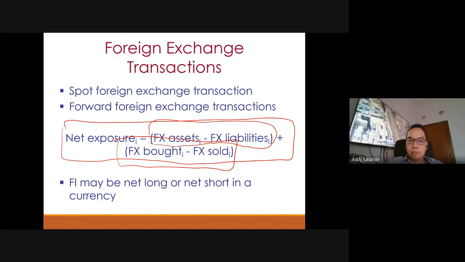Right, so that's why the measurement and also the management of currency risk in this context would be better done at the corporate aggregate level, because you might be able to enjoy on balance sheet hedging, or natural hedging, we call it, right?